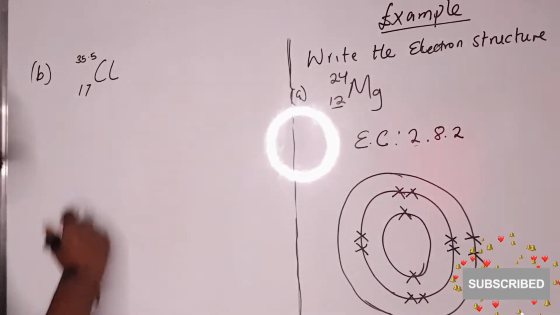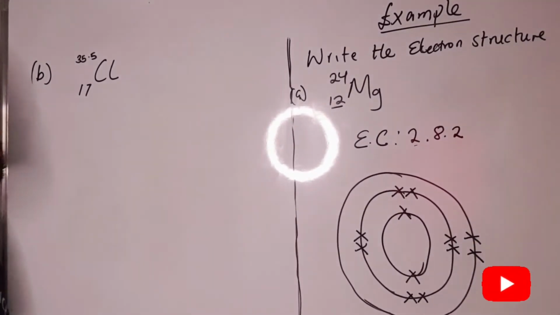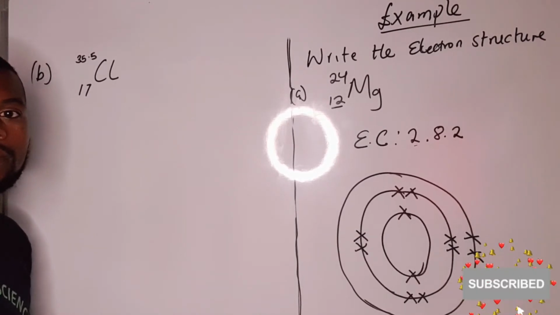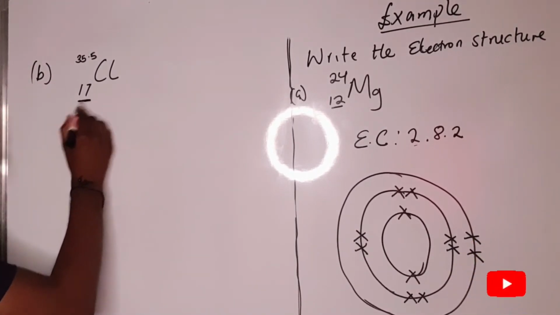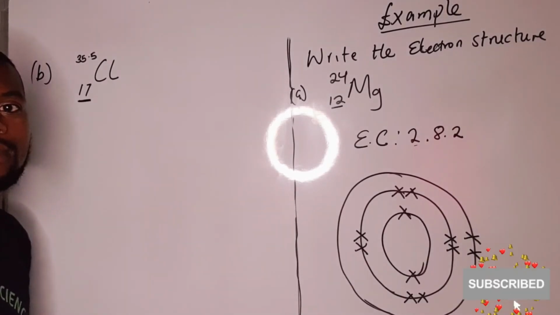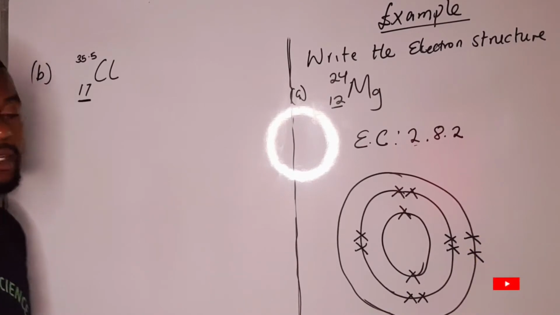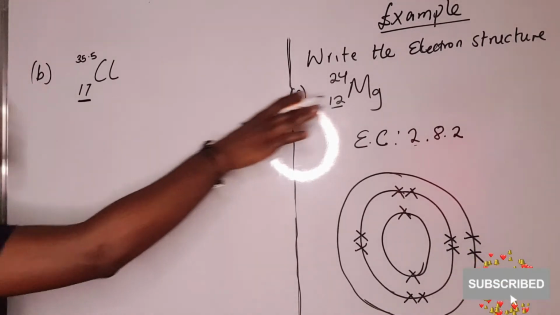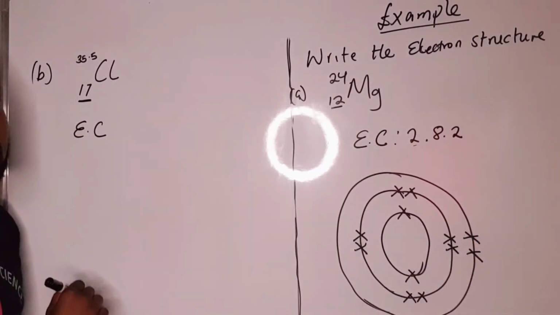We can also look at this one. We want to write the electron structure for a chlorine atom. Chlorine has 17 electrons, and these 17 electrons are supposed to be filled in the shells. When writing the electron structure, we have to write the electron configuration first.